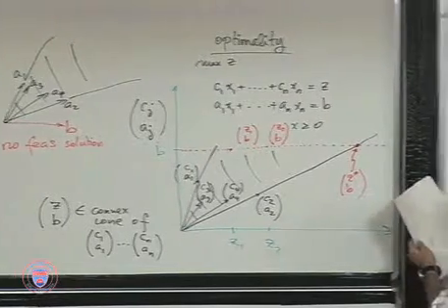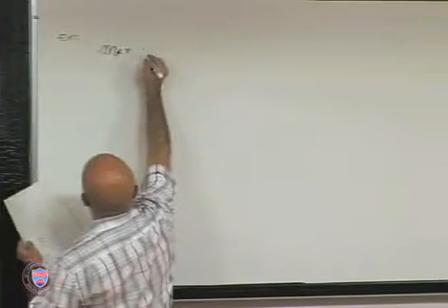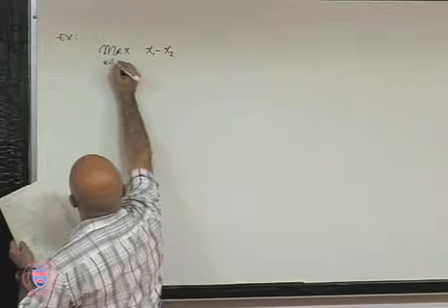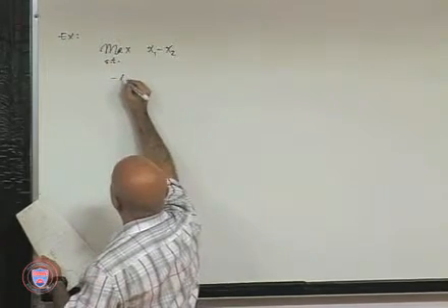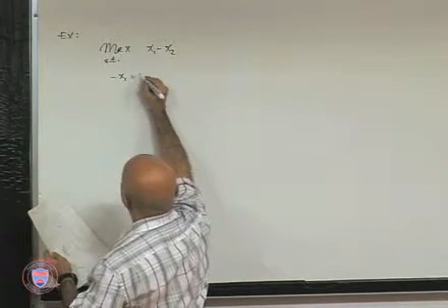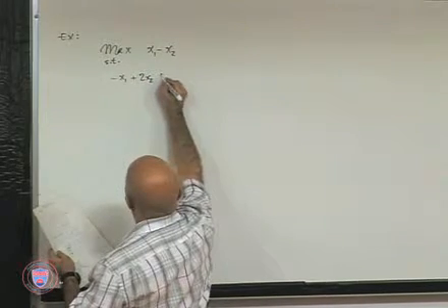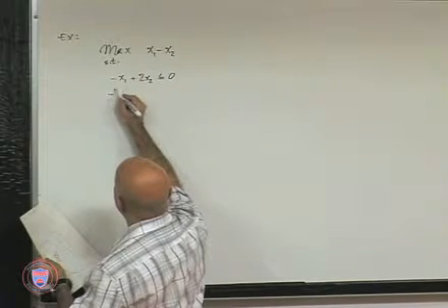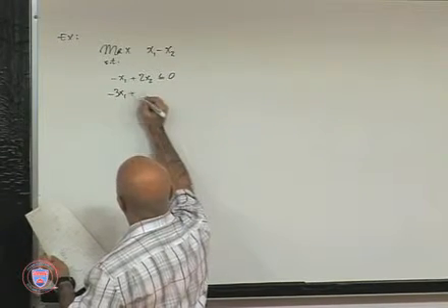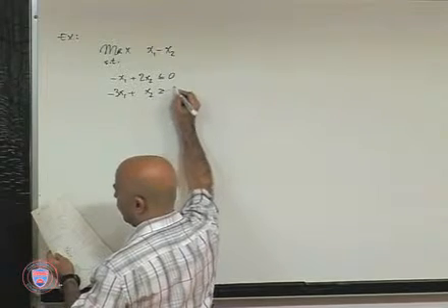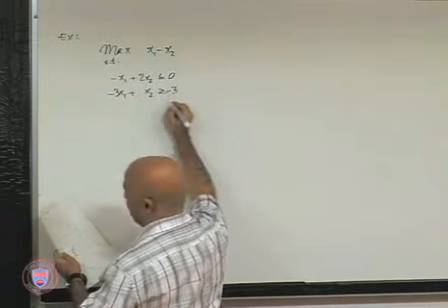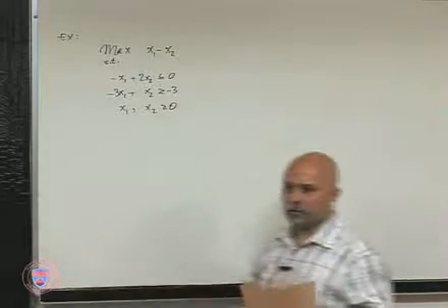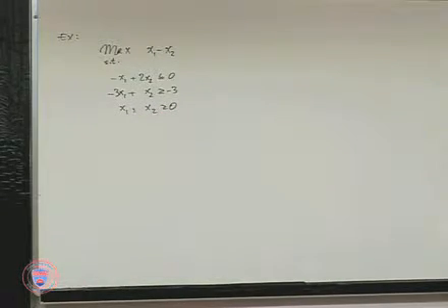Here's a numerical example. Maximize x1 minus x2 subject to minus x1 plus 2x2 less than or equal to 0, and minus 3x1 plus x2 greater than or equal to minus 3, with non-negative restrictions on both variables.